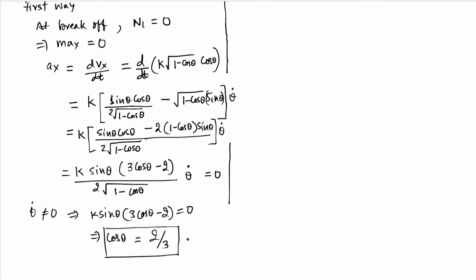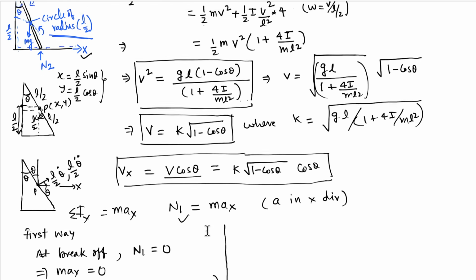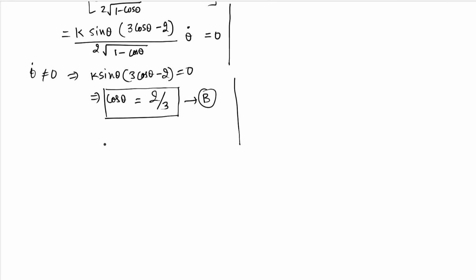Okay, so the answer is actually B here if you go and check the options. Okay, can you see one fact here? So this cos theta is independent of I, and that means independent of the shape. Okay, for any shape, this cos theta is going to be 2 by 3.